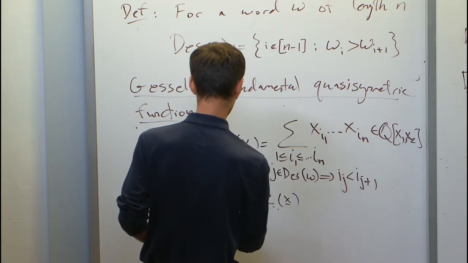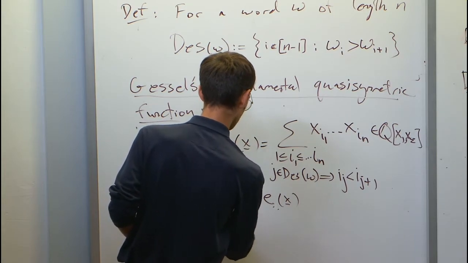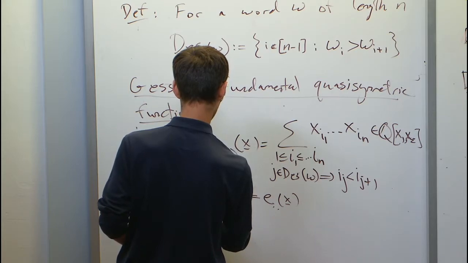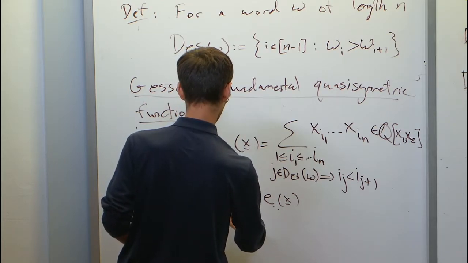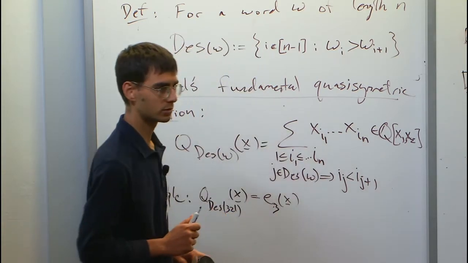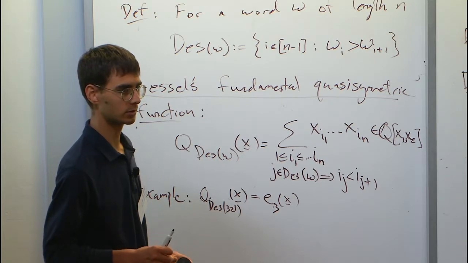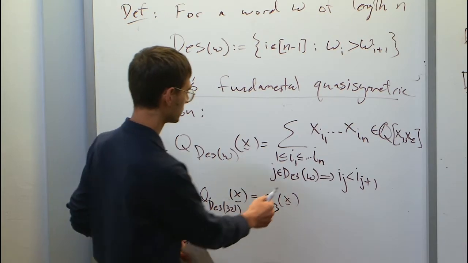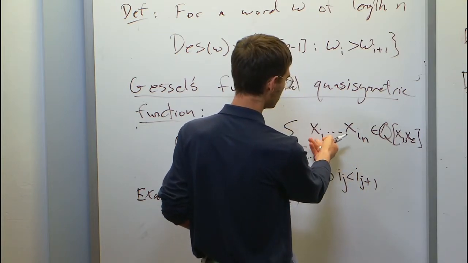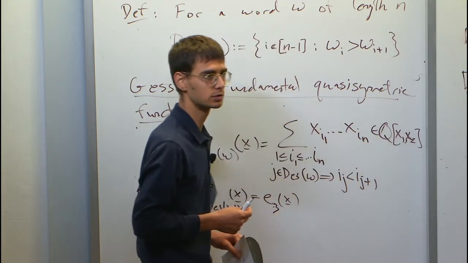This actually depends on n, but I've suppressed it from the left-hand side here. So the descent set of 3, 2, 1 gives the elementary symmetric function of degree 3, because this strictness here says that all these indices have to be distinct.